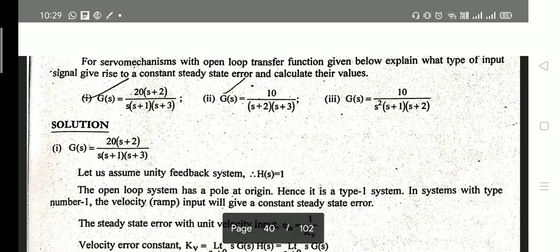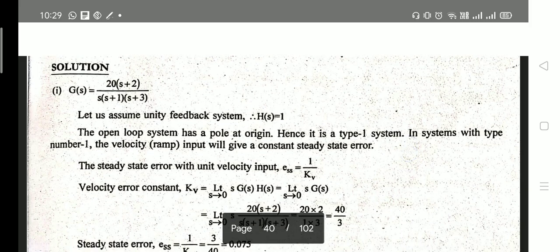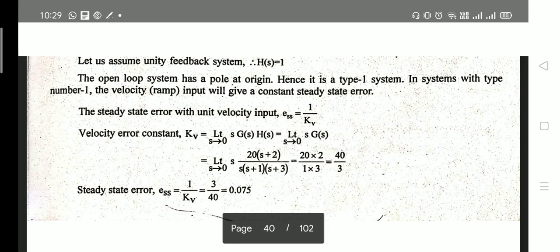In this first one, which type of the system? This is the type 1 system. So for a type 1 system, we can find only the velocity error constant. The formula for the velocity error constant is limit s tends to 0 of s into G(s) into H(s). Substituting G(s), the s terms are both cancelled, then substituting s tends to 0, we will get 40 by 3.